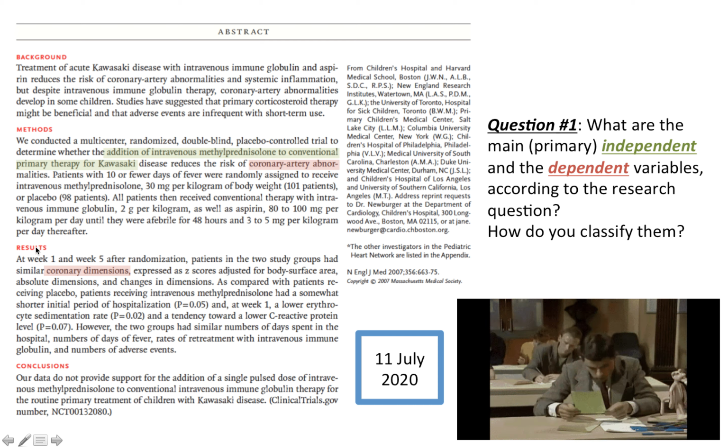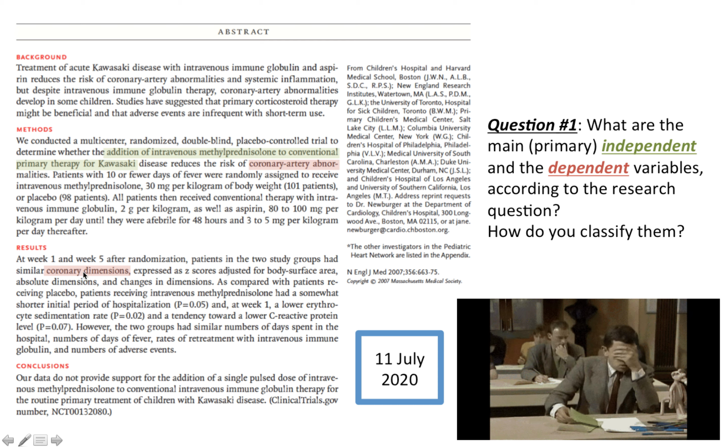They did it at week 1, which was baseline, and at week 5, which was 5 weeks after treatment, and that's the moment when you decide whether a patient developed a disease of the coronary arteries or not. So we measure coronary dimensions in millimeters, and then you can adjust this for body surface area and you get the Z score.